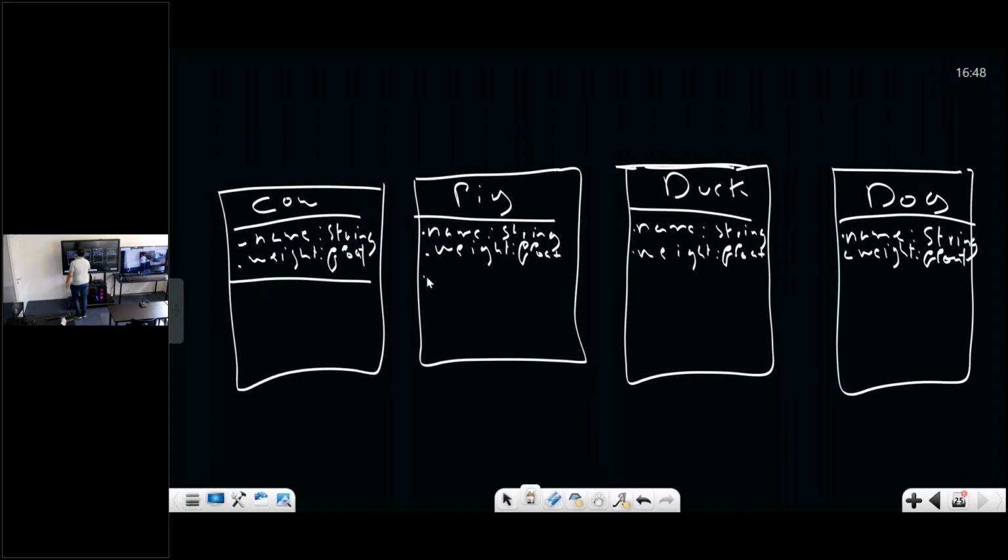We want to make some functional programming, and I would like my cow to be able to eat. Move. And let's say talk.